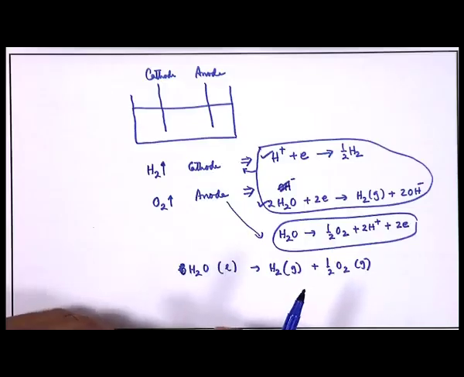That is, if you increase the amount of electricity, it will increase the amount of material deposited. And the other one is that the weights of different substances formed on the passage of the same amount of electricity are in the ratio of their equivalent weights. This will be taken up in the next lecture.